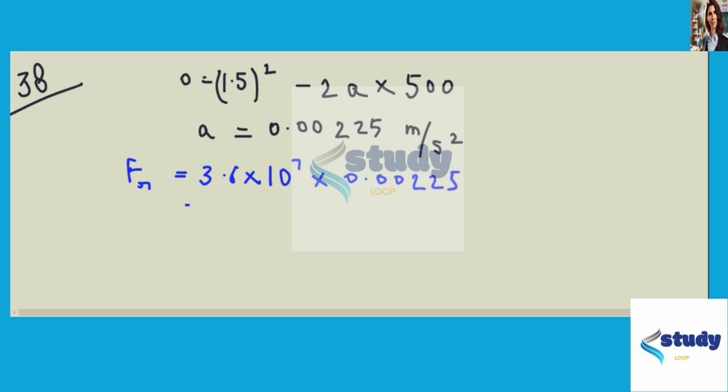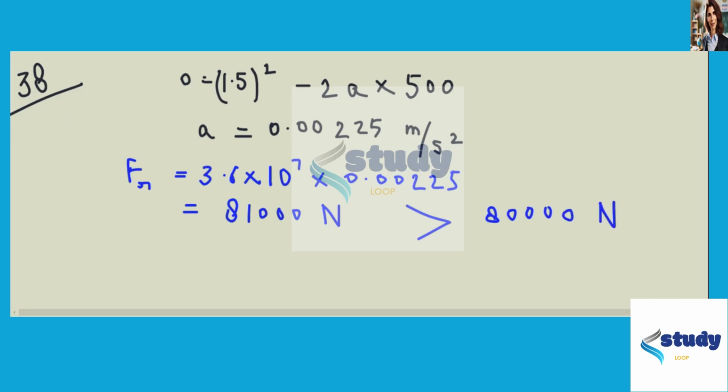Solving this, we will get the required force to stop the ship in 500 meters as 81,000 newtons. We can see that this force is greater than the maximum force applied by the engines, which is 80,000.